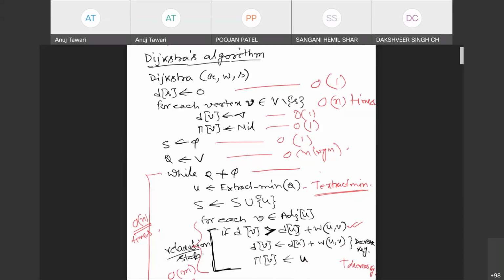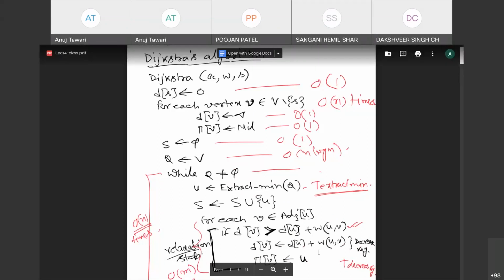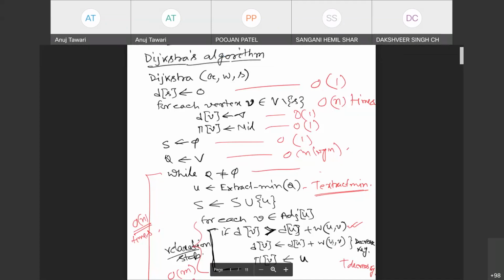And if our initial D value is larger than this, then we set dV to dU plus WUV, because we know a shorter path than the initial D value: we go from S to U and then traverse the edge from U to V. In this case, the vertex immediately preceding V in this path is U. So we set the parent of V to U.